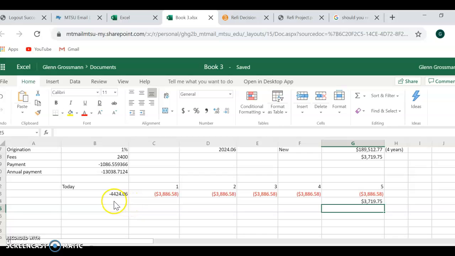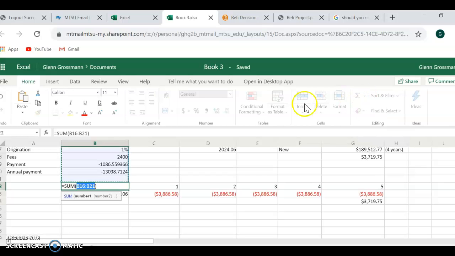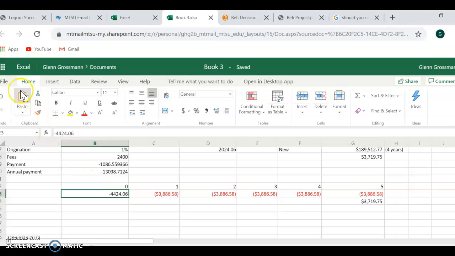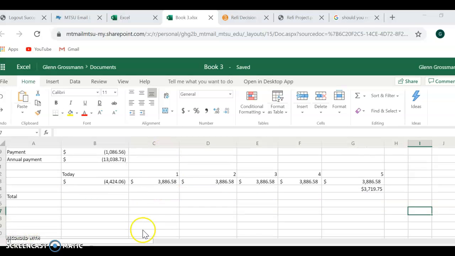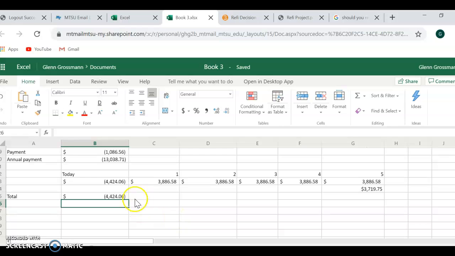and then to our sum function. So by using the sum function, come over here, sum, you use that, automatically copies for us.